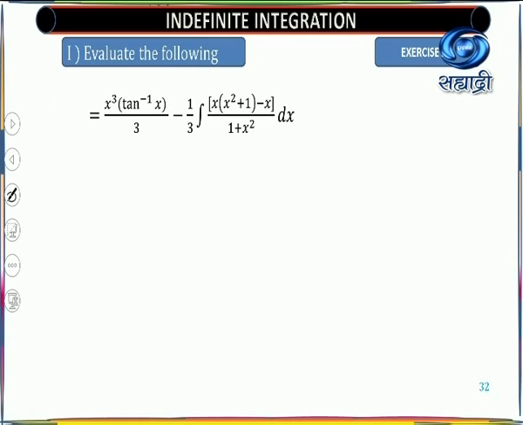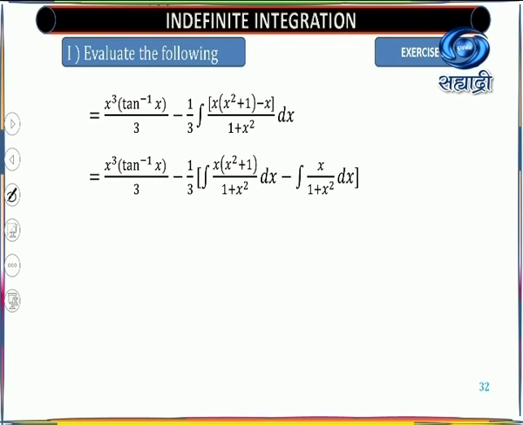Okay, now the next step will be x cube tan inverse of x upon 3, minus 1 upon 3 integration of x into x square plus 1 minus x dx. Now it is simplified, so you will get two terms. What are those two terms? 1 upon 3 integration of x square plus 1 upon 1 plus x square dx. That means you are simplifying here.